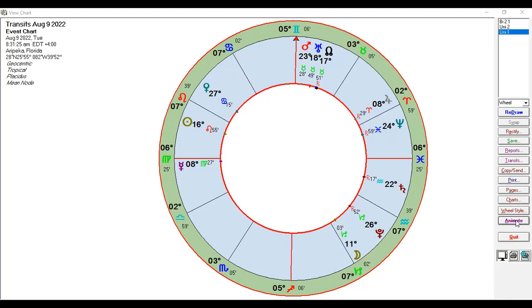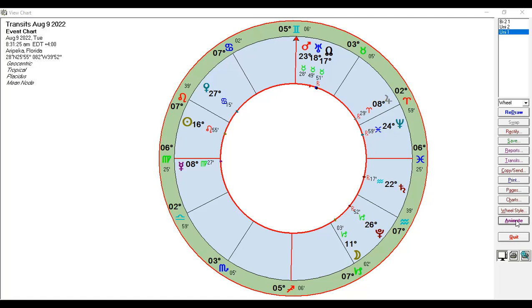Maybe there's a little bit of a disconnect on that energy, and that's exact. So that's maybe a little bit of an annoyance, or having to take care of petty things, or your communication is not reaching the outer side, or there's a lot of details, because we have Mercury in Virgo there. A lot of details you don't want to do, maybe.